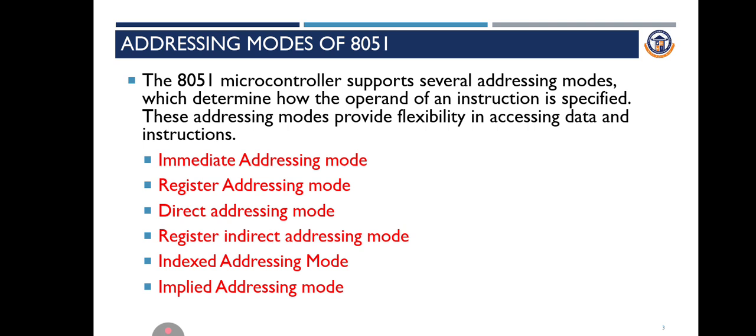It refers to how we specify the location of an operand that is required by an instruction. By using the addressing modes, we can specify the source and destination of data in different ways. So, based on that, we have different types of addressing modes, depending on how the operand of an instruction is specified.